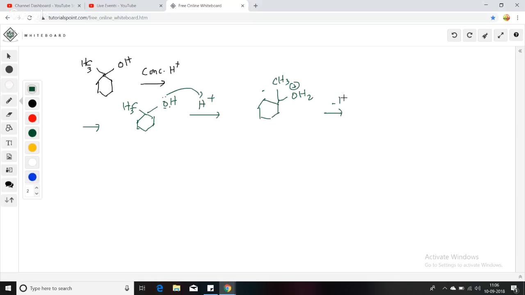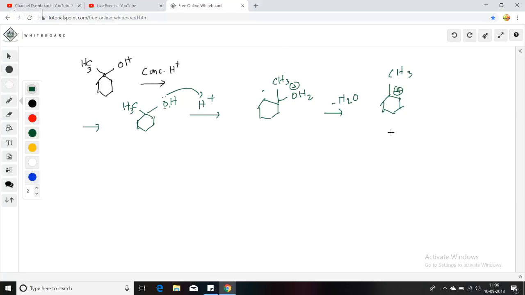Finally, this H2O comes out and we get this ring with CH3 over here and a positive charge on this carbon.